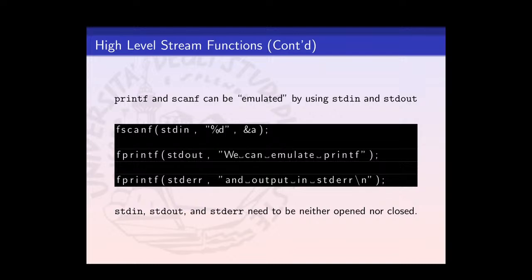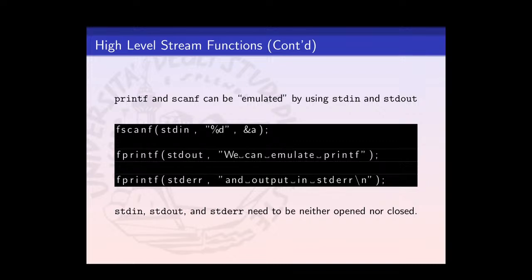So by issuing fscanf on standard input, quotation mark, percentage d, comma, ampersand a, I'm basically reading from the standard input a decimal number, and this decimal number is placed into the variable a.